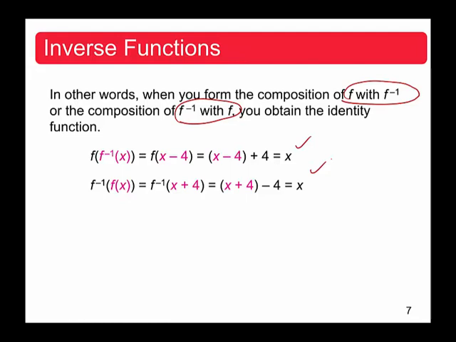For example, f composed with the inverse function, we get f of x minus 4, because the inverse function becomes x minus 4. If you plug it in, we end up with the identity function x. If you do the inverse function composed with the original function, f inverse of f of x becomes x plus 4, then again we end up with the identity function here.